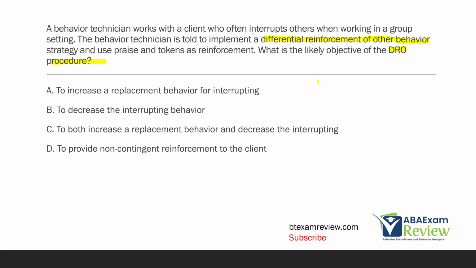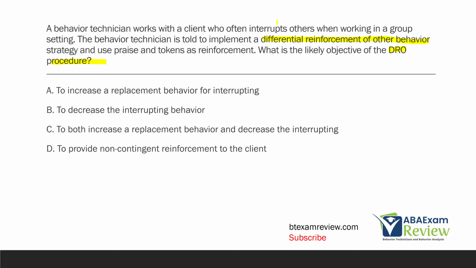With differential reinforcement, we are reinforcing something, putting other things on extinction. With the differential reinforcement of other behavior procedure, what are we reinforcing? We're reinforcing for the absence of a behavior. So we're reinforcing when a behavior is not occurring. And so that's a little different than our other differential reinforcement procedures. With the DRO, we don't want a behavior to occur.